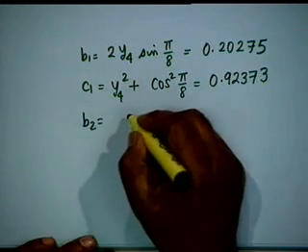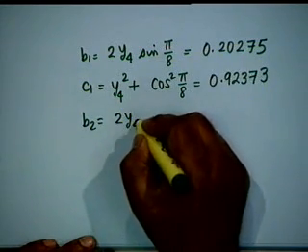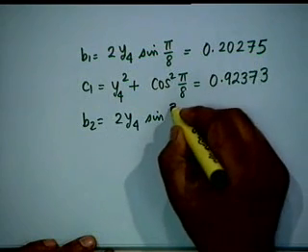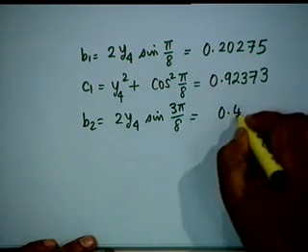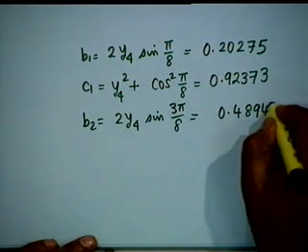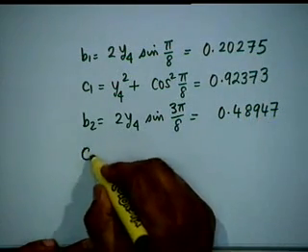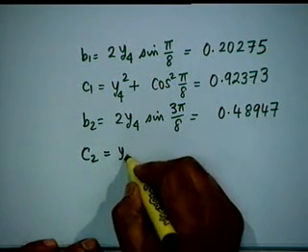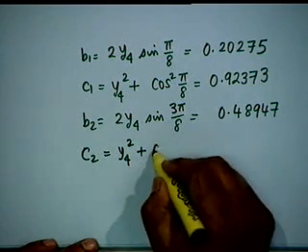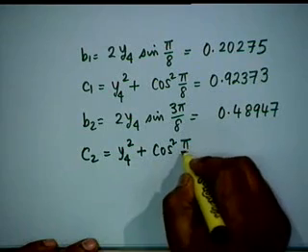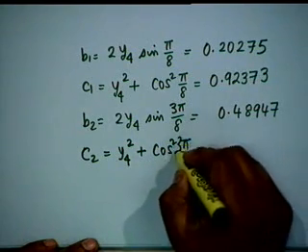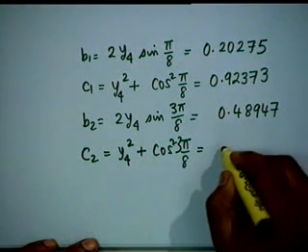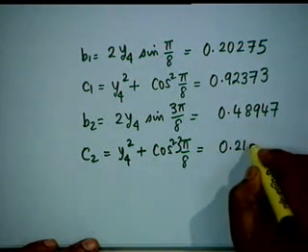B2 is equal to twice y4 sine of 3 pi by 8, and that comes out as 0.48947, and C2 is y4 squared plus cosine squared 3 pi by 8, yes, that comes as 0.21662.